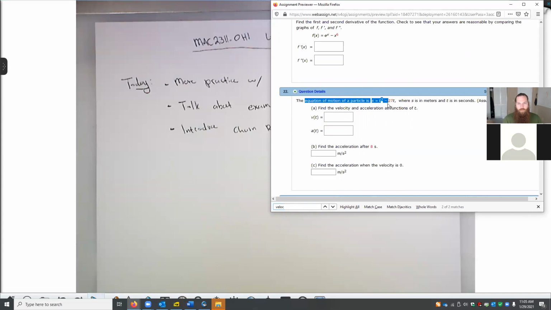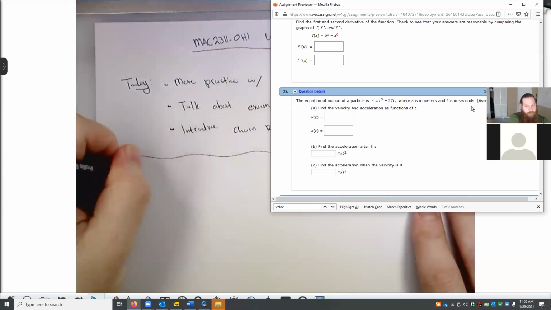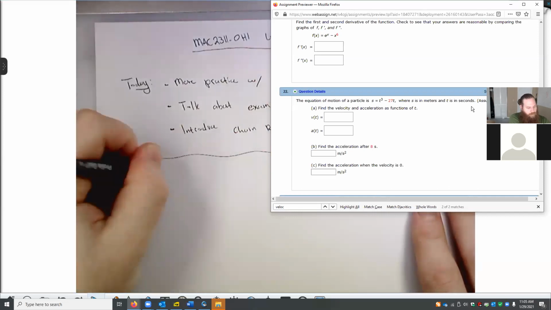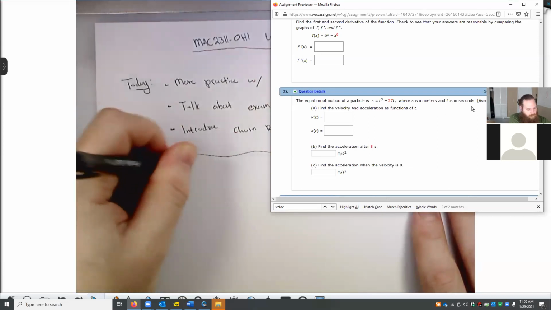They say the equation of motion for a particle is s equals t cubed minus 27t, where s is in meters and t is in seconds. So this is an example. It's coming from homework 4, number 22.